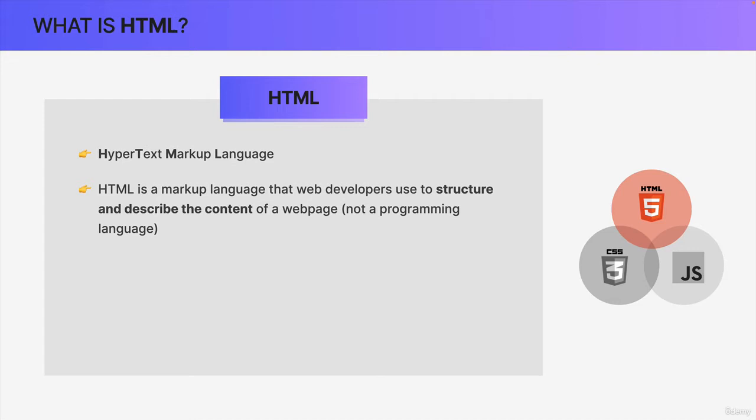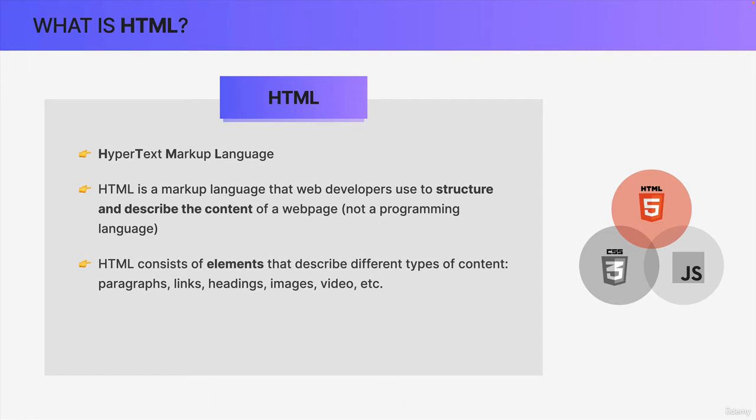And in the case of HTML, we describe content using different HTML elements. So basically, HTML consists of different elements that we can use to describe different types of content. So we have different elements to create paragraphs, links, page headings, images, video, and a lot more.